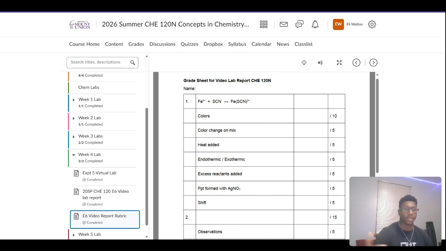So like I was saying, for this reaction, adding Fe3+ or SCN- shifts the equilibrium to the right, producing more of a bloodish red color.